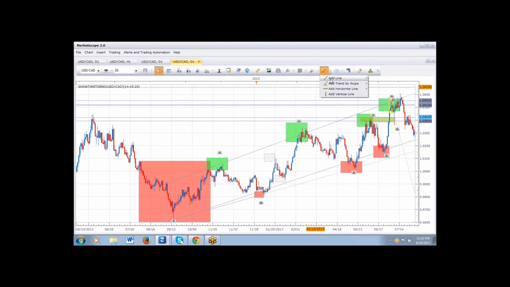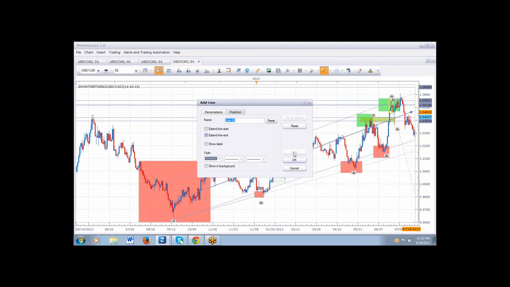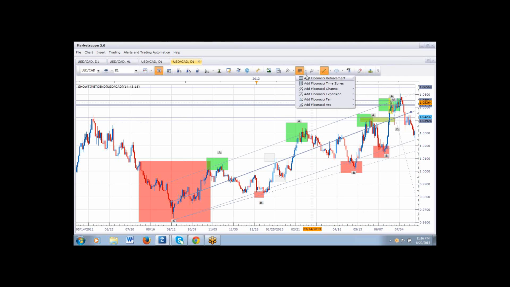But of course, in between the two, they will create equilibrium price points, either 50% or 62%. So if we go from top to bottom, in this particular case, notice how 38, 50, 62.